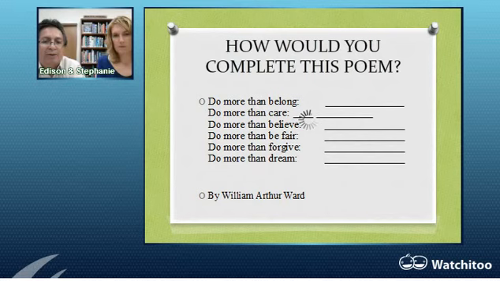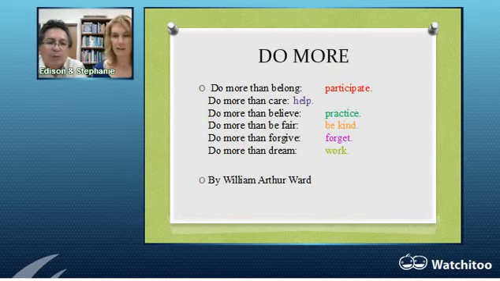And then we have an example of a completed poem coming up, so you can get an idea of how this uses some creativity in a poetry form. So we've got: do more than belong, participate; do more than care, help; do more than believe, practice; do more than be fair, be kind; do more than forgive, forget; and do more than dream, work.